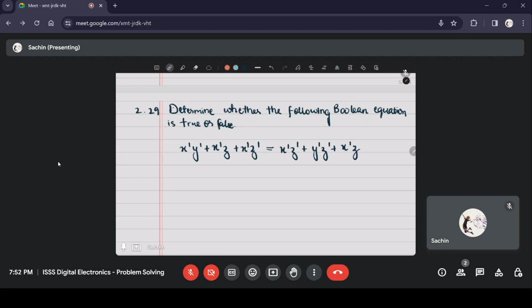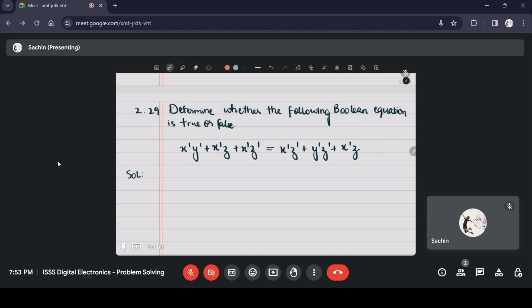So if we can find a counter example that shows that the left side is not equal to the right side, then we can easily say that it's a false statement. Otherwise, we might write the truth table and check if they are equal.